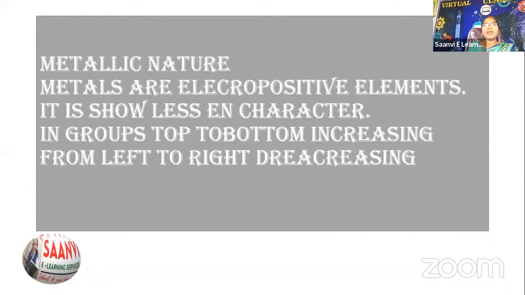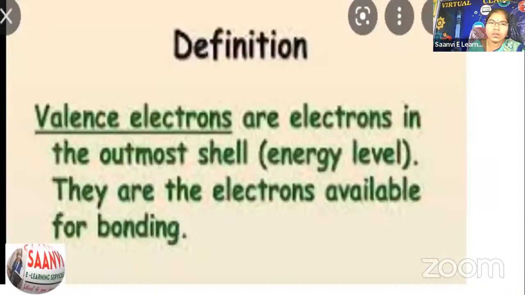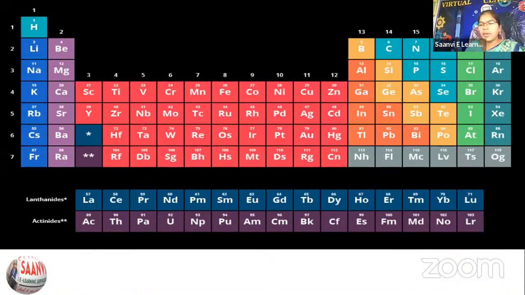Next, metallic nature in the periods and groups. Let me show, this is the periodic table.